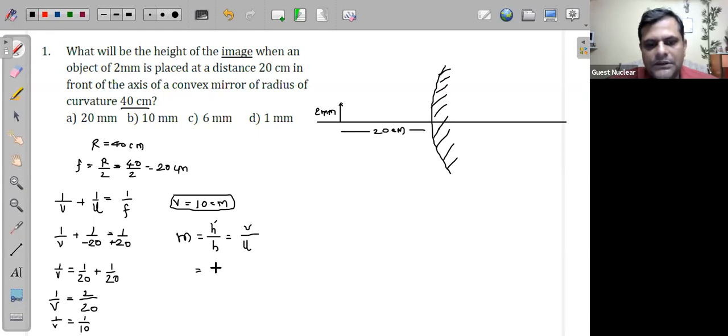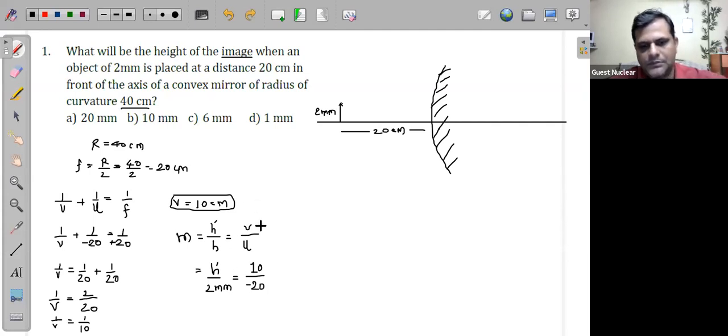So if we just use it here, then h' is to be found out, and h is given to be 2 millimeter here. So this is 2 millimeter, and v is actually 10. Okay, and u is already -20. Okay, so if we just solve this further, then we'll be able to get this h dash.